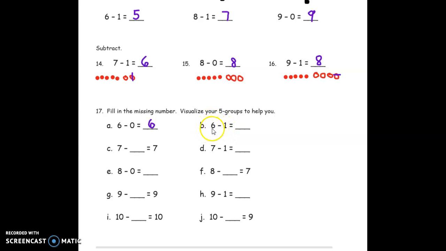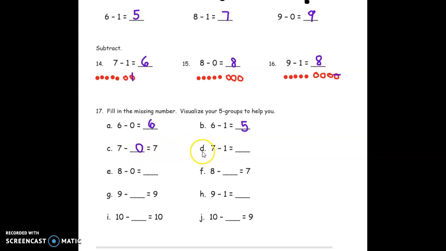We remember that it's 1 lower than 6, which is 5. 7 subtract, we don't know, equals 7. If the total is the same number, then how many did we take away? We didn't take away any. It's the same number. 0.